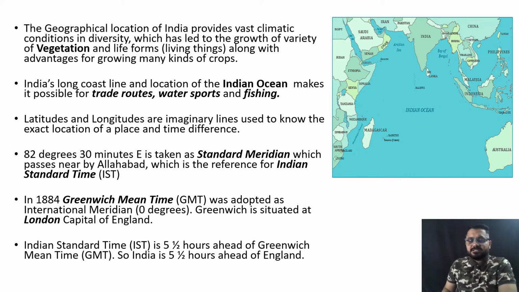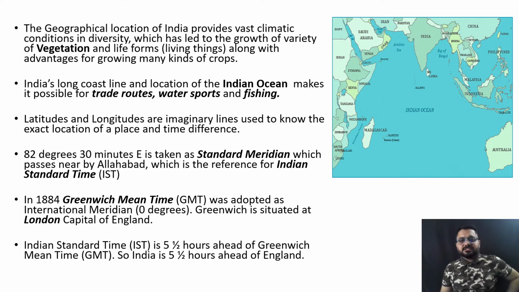Here, diverse means being unique or different from each other. In India, we have different climatic conditions in different regions, which is why we call India a land of diverse climatic conditions. And due to these diverse climatic conditions, we have different vegetations.